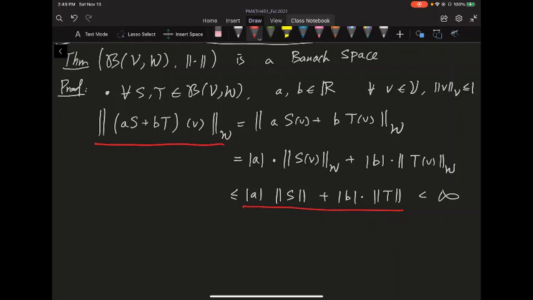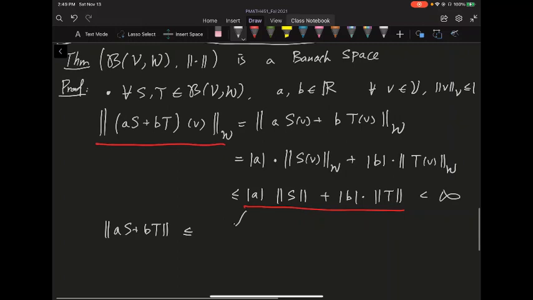So this is essentially saying the norm of AS plus BT is also bounded above by the same thing. In particular, it's going to be less than infinity. That just shows AS plus BT is inside the B of V to W as well. So we have a linear structure on these bounded operators.